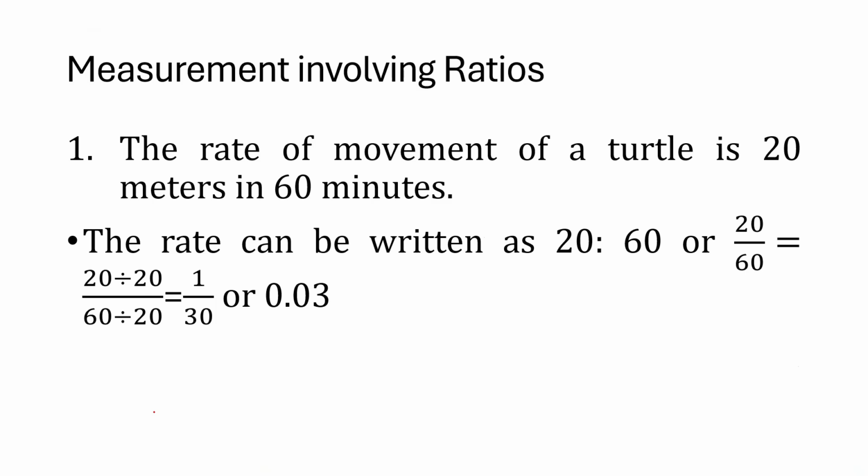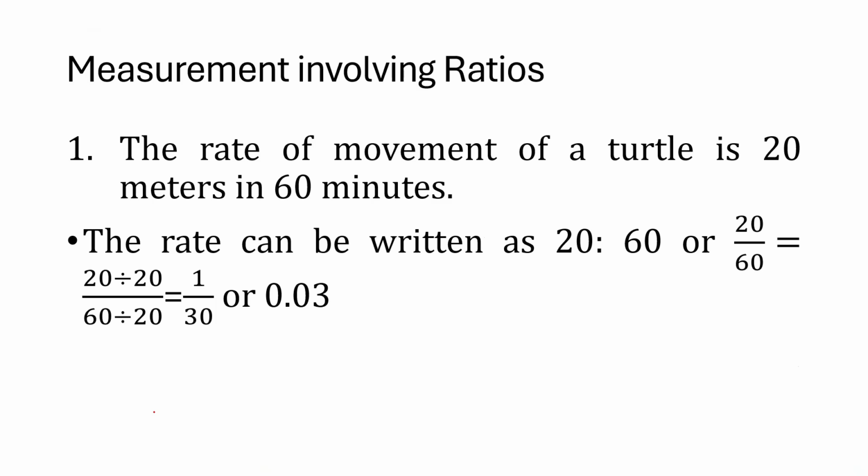So in this problem, we need to divide them directly. So 20 divided by 20 is equal to 1. Then 60 divided by 20 is equal to 30. Then 1 over 30 is equal to 0.03. So all you need to do is to use your calculator to find the rate.